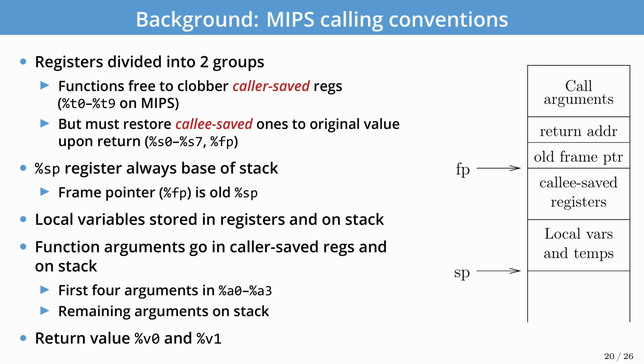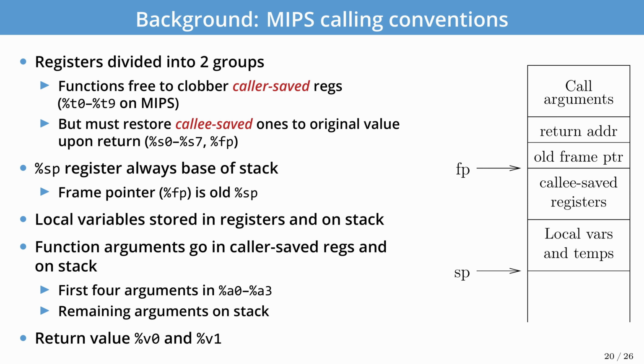When a function calls another function, the caller of the function is responsible for saving any of the temporary registers that it wants to keep. The callee, the function that is called, is responsible for saving any of the saved registers, the S registers, and the frame pointer.